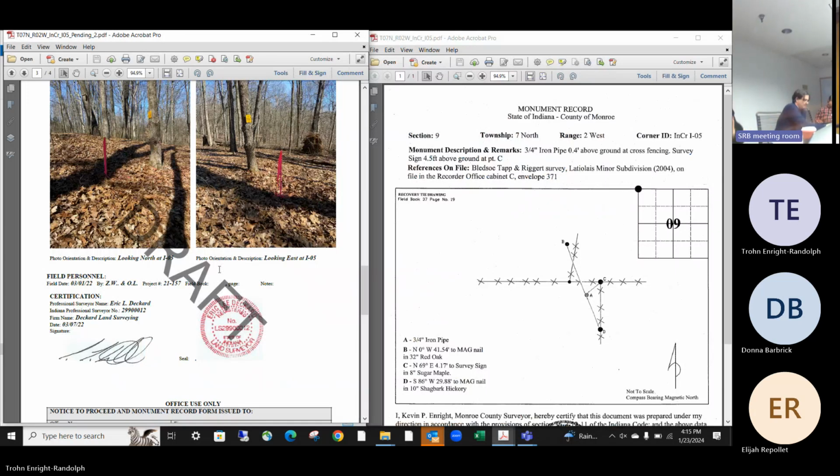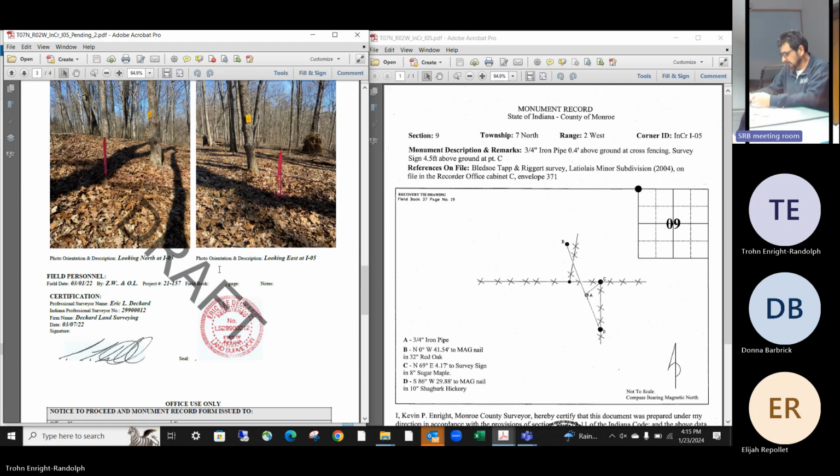For the public certification, any monument that goes through the corner documentation program needs to be tied to a recorded survey. Eric was in this area prior and had done the documentation, but unfortunately he didn't submit that with the survey that he recorded first. So since he had another survey, he then went ahead and added this to that.